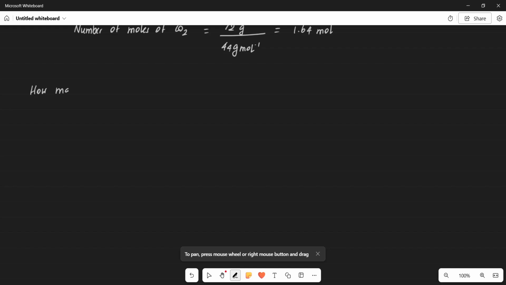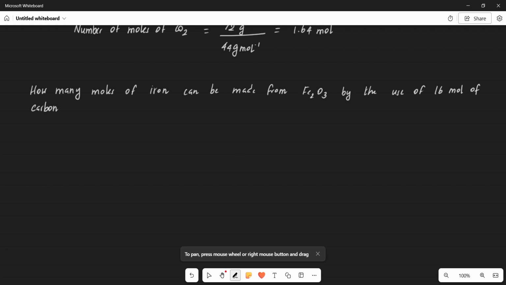How many moles of iron can be made from Fe2O3 by the use of 16 moles of carbon monoxide?